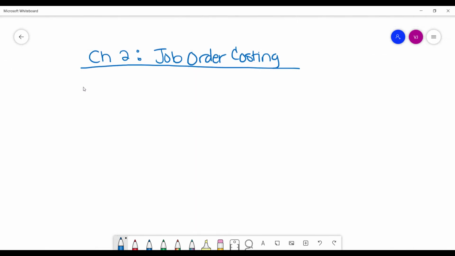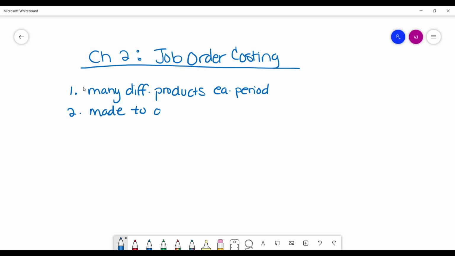Just to clarify, if a company uses job order costing, it's making many different products each period. The products are made to order, or manufactured to order.